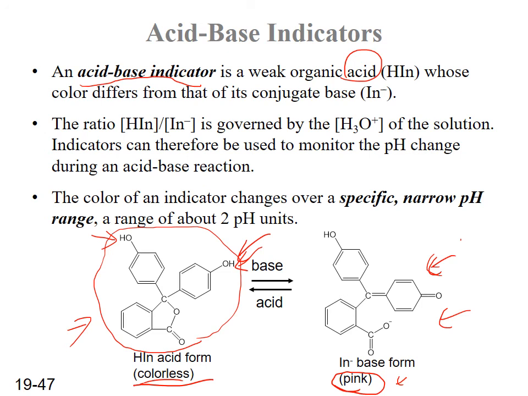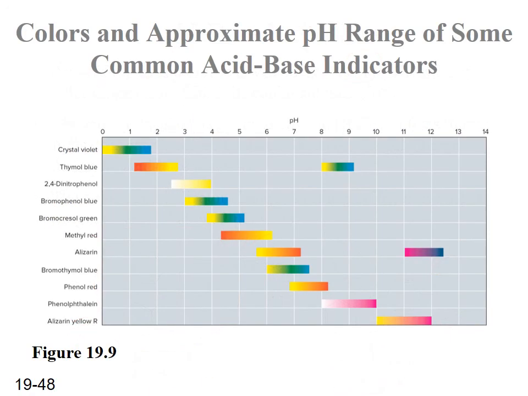The color of an indicator changes over a specific narrow pH range, a range of about 2 pH units. This diagram shows the colors and approximate pH range of some common acid-base indicators. For example, phenolphthalein: the color change is between 8 and 10.